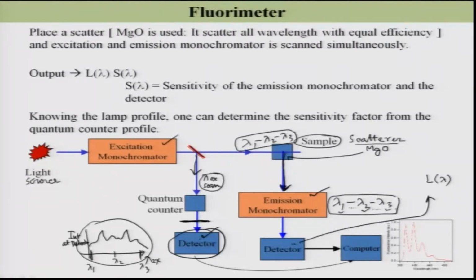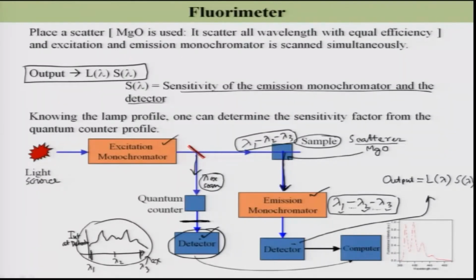So, this observed signal, the output, will not be equal to L lambda, but will be equal to L lambda multiplied by the sensitivity of the monochromator and detector together. Let us name it S lambda. So, output is L lambda times S lambda, where S lambda is the sensitivity of the emission monochromator and the detector.